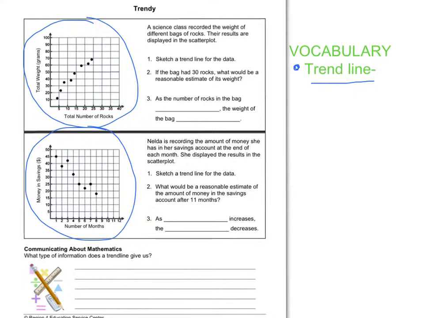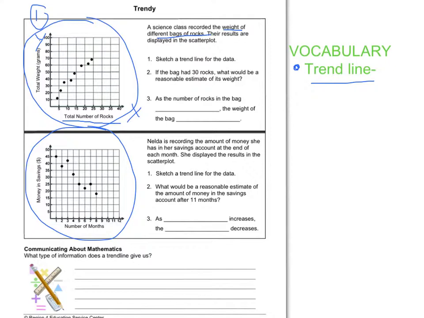Okay, in this first problem right here, we are comparing the weight of different bags of rocks. So you have the total number of rocks on your x-axis, then you have your total weight on your y-axis. We will sketch a trend line in class tomorrow.